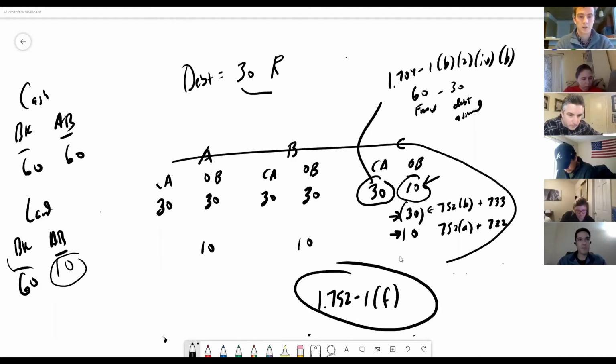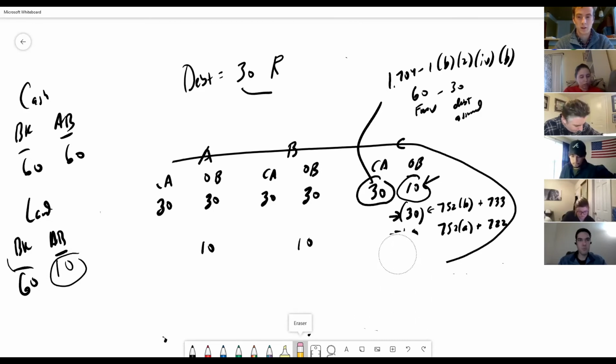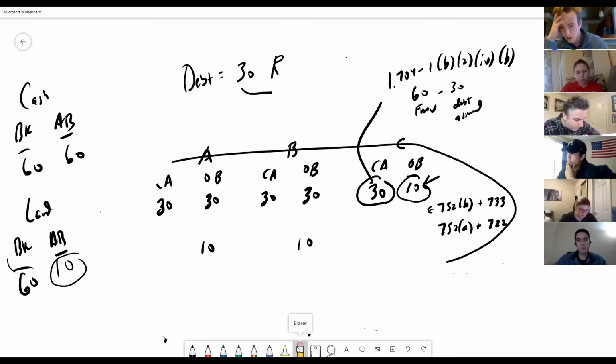So now we have this distribution of 20 to C, but he only has outside basis of 10. So a distribution of 20 of money to C, who only has an outside basis of 10, means we can only reduce his outside basis by 10.